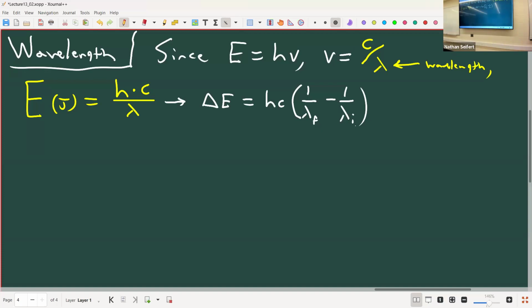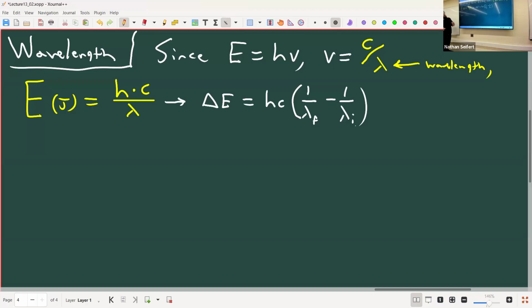Right, that's some number, right? But what about the energy difference between 300 and 301? Well, that's 1 over 301 minus 1 over 300. That's, again, the same displacement of wavelength, 1 nanometer. But 1 over 301 minus 1 over 300 is not the same number as 1 over 600 minus 1 over 601 or whatever.